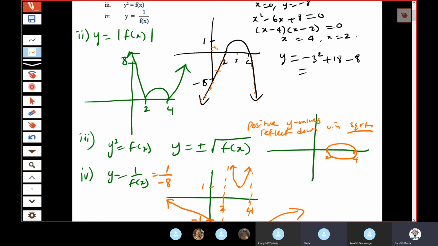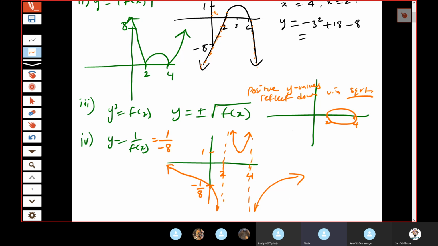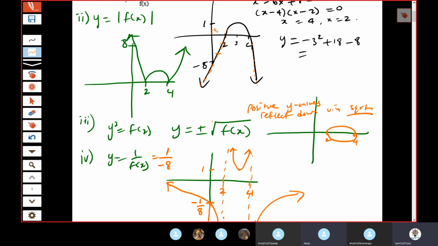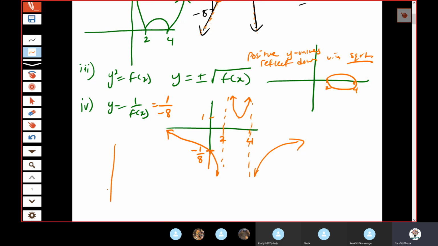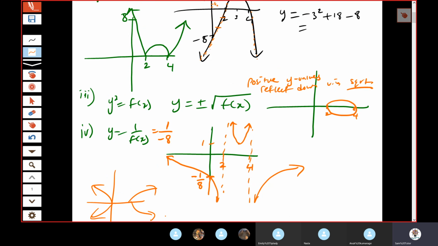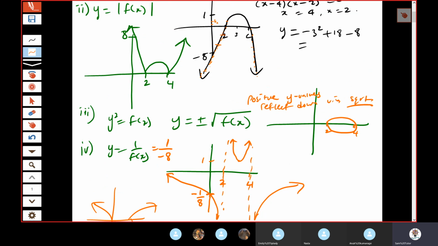No, because I thought triple I would be on the side. Ah, I know what you're saying. Okay, triple I. You're talking about this case where the graph becomes this. Yeah, that one. For this graph, it would be all negative.